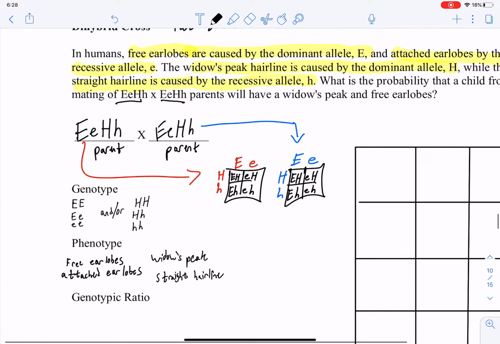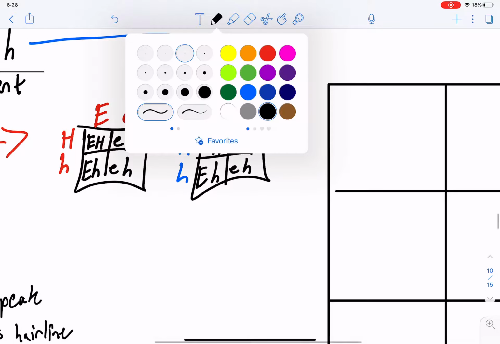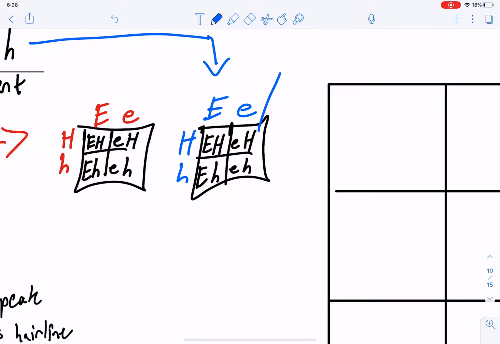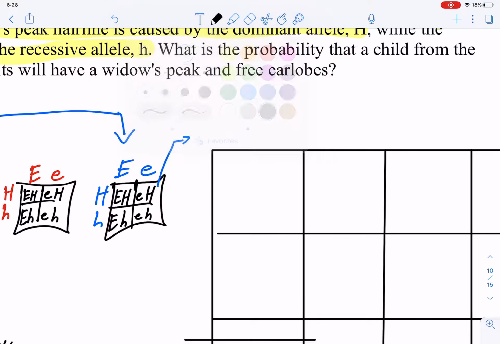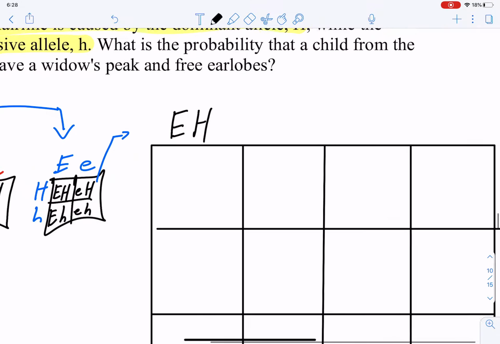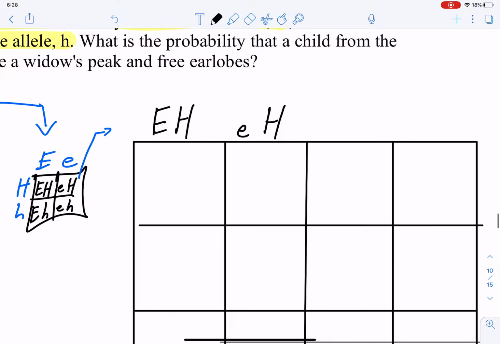Okay, so once we transfer these to Punnett squares, we're just going to keep moving these guys. We're going to take all of these offspring and put them up here. So one at a time, like the top left one, this would be big E, big H. Top right one is little e, big H. Bottom left, big E, little h.